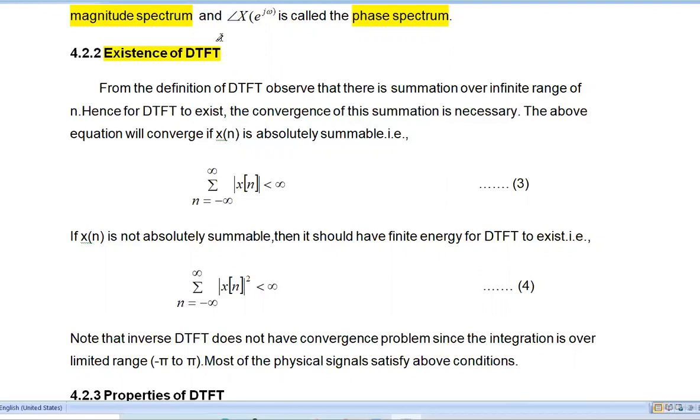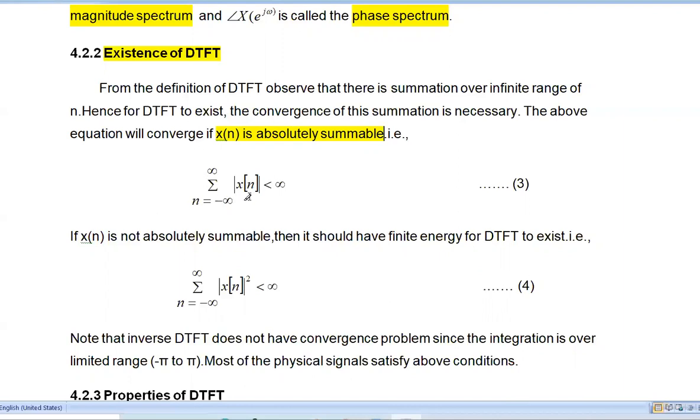Similarly, what is the existence of the discrete time Fourier transform? If the given signal x(n) is absolutely summable, only under that condition we may calculate X(e^jω), that is, the DTFT. What does absolutely summable mean? If you add the amplitudes of the given signal x(n) and the sum is less than infinity, then for that signal we may find the DTFT.